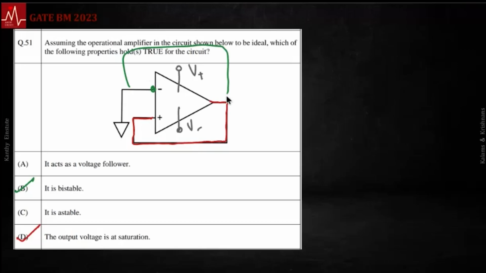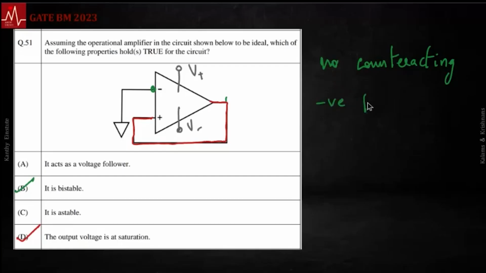So there is no question of linearity, non-linearity. There's only a positive feedback loop. That's why we are not doing any linearity, non-linearity calculation here. It just saturates.